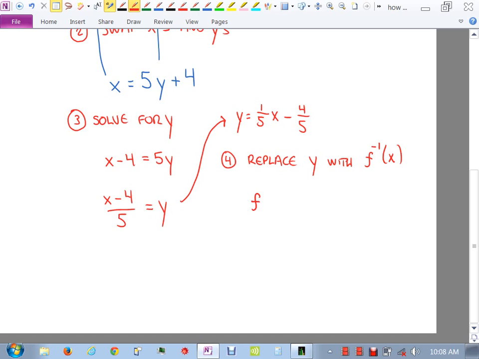So I get f inverse of x equals 1/5 x minus 4/5. There it is. That function should undo what f does. So it's a 4-step procedure.